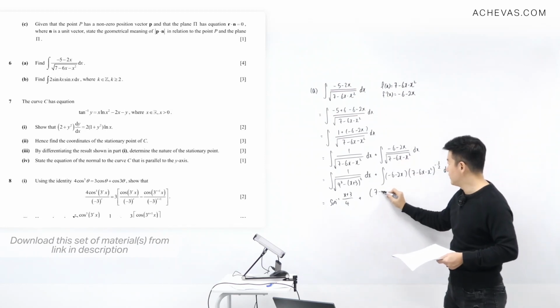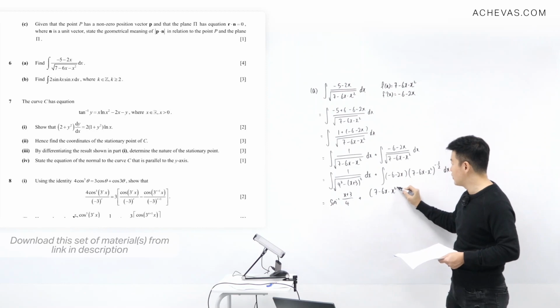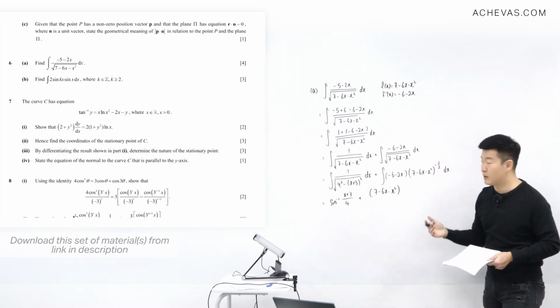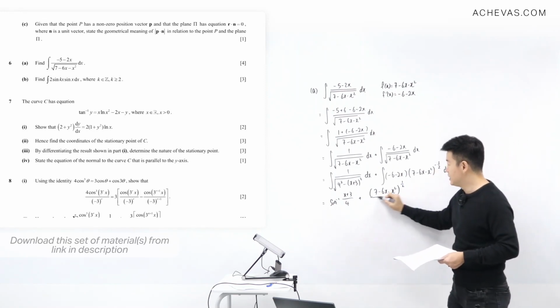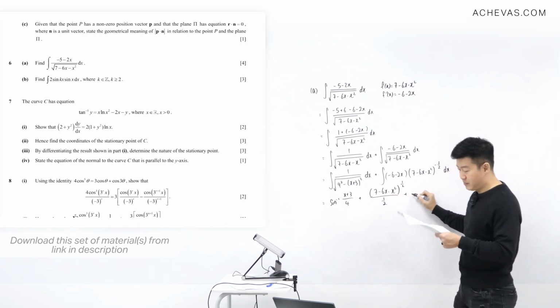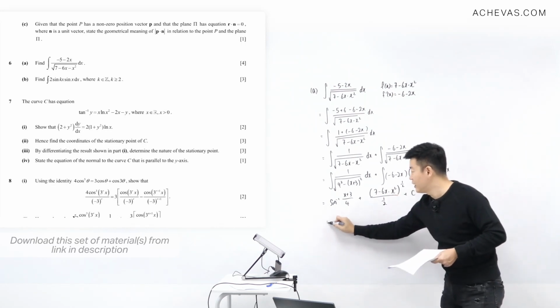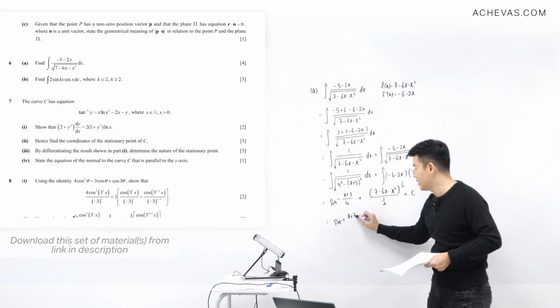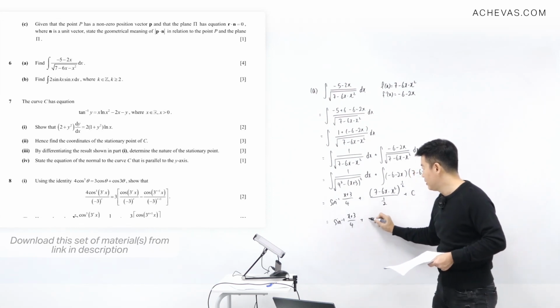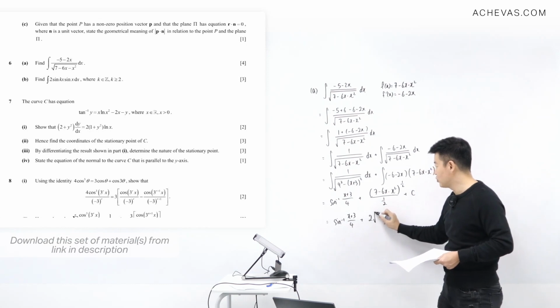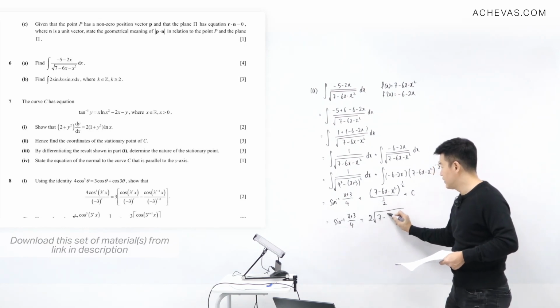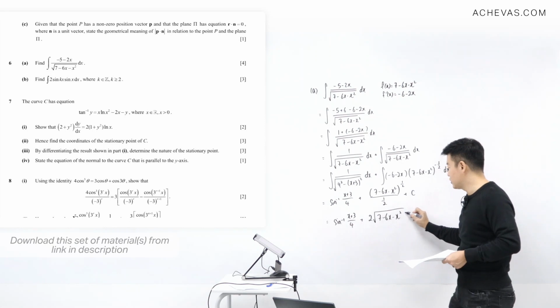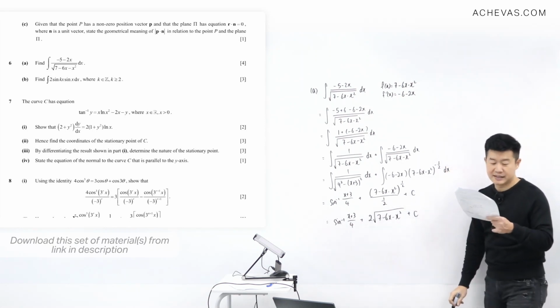So this is going to be 7 minus 6x minus x squared to the power of minus half plus 1, which is equal to half, then divided by half, then plus c. So my final answer for this is going to be sine inverse of (x plus 3) over 4 plus 2 times the square root of 7 minus 6x minus x squared, then plus c.